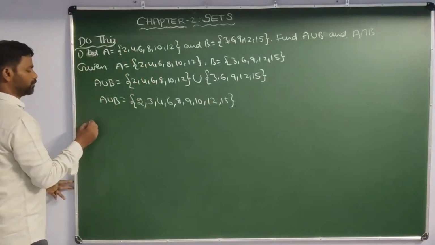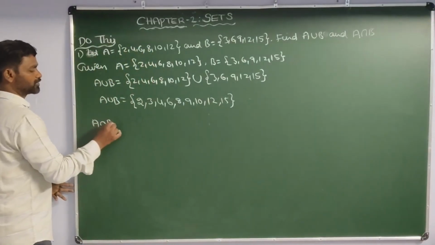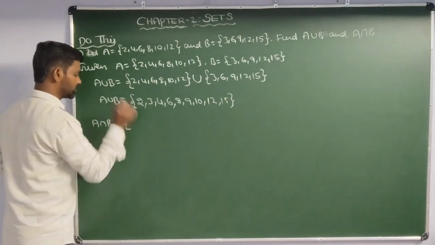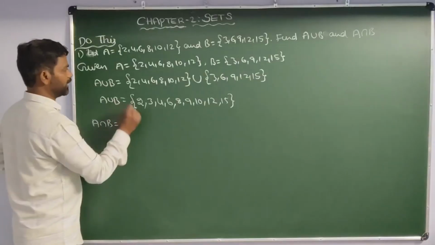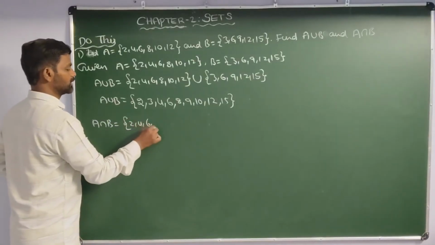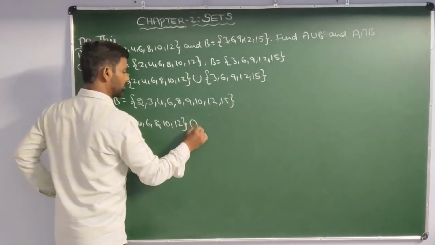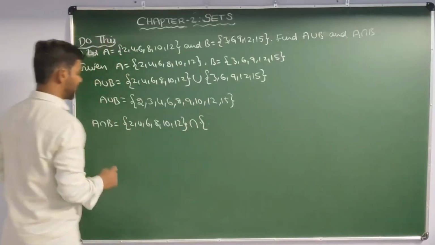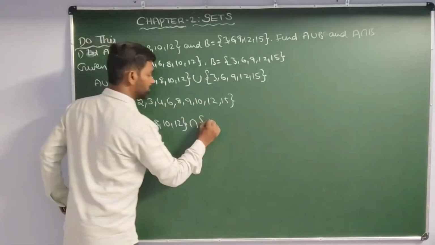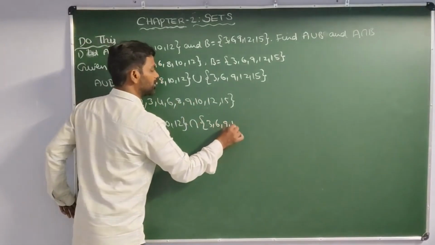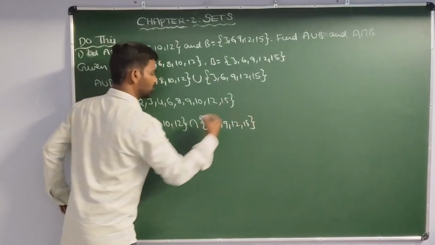Next, we have to do the operation of A intersection B. What are the elements of set A? 2, 4, 6, 8, 10, 12. Close it and write the intersection symbol. Open the bracket and write the elements of set B: 3, 6, 9, 12, and 15. Close it.